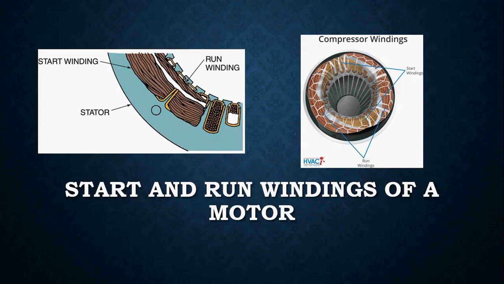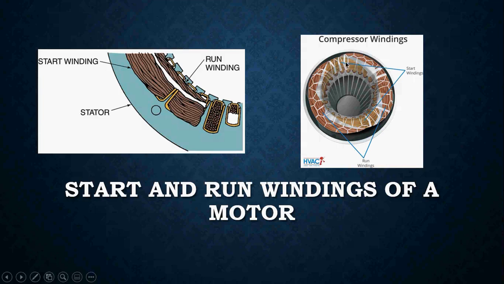Your motor also consists of two types of windings. You'll have a start winding and a run winding. If you ever have an opportunity to take a motor apart and look at the stator itself, you can honestly see your start and your run windings.